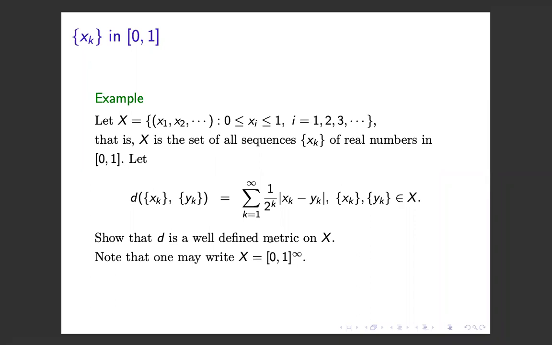For the product space you are talking about? Do you mean product of metric spaces? Yeah, specifically the product of some metric space with itself, some number of times.